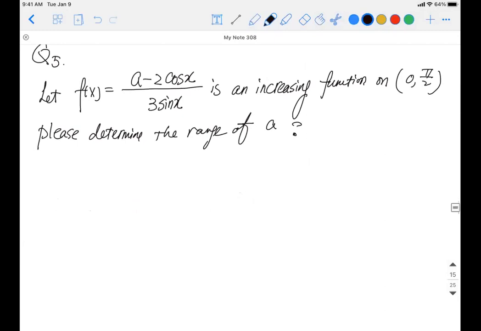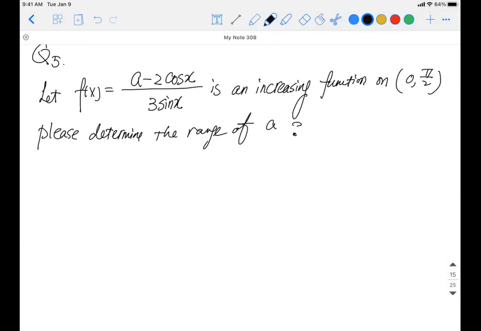I have a function. This function is (a minus 2 cosine x) over (3 sine x). Okay, you have sine and cosine in the denominator and the numerator. I told you this is an increasing function on (0, pi over 2). So do you still remember? We keep talking about this. Increasing and decreasing, the monotonicity is more specified in a certain interval. It is quite possible that some function is increasing in some domain and decreasing in some domain. Let's say our sine x, right?